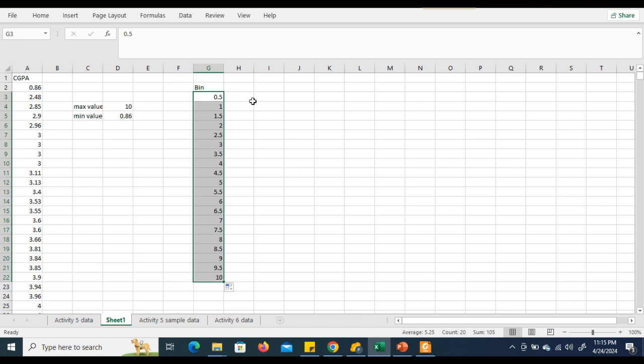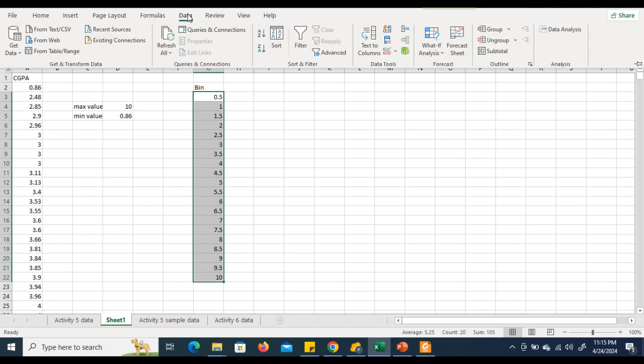For the same we need to use this particular feature. Firstly we go to the option of Data, and then there is the option of Data Analysis, right? If you are not able to find this option directly, what can you do?